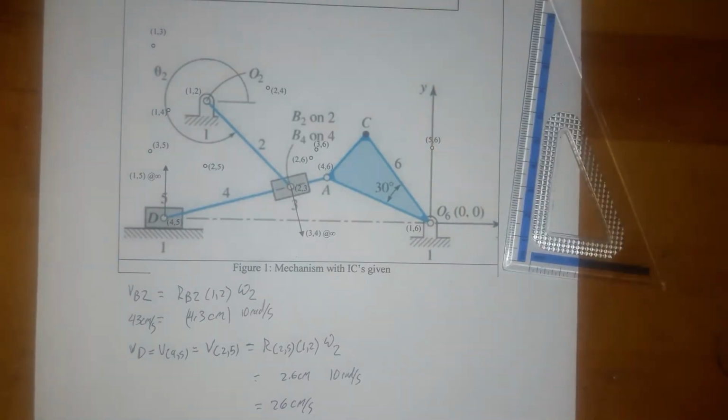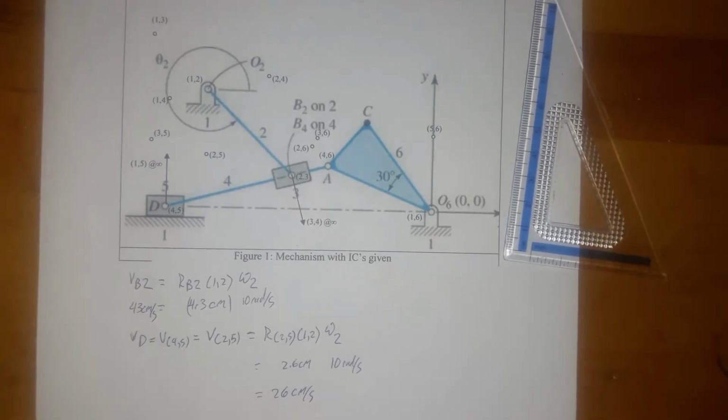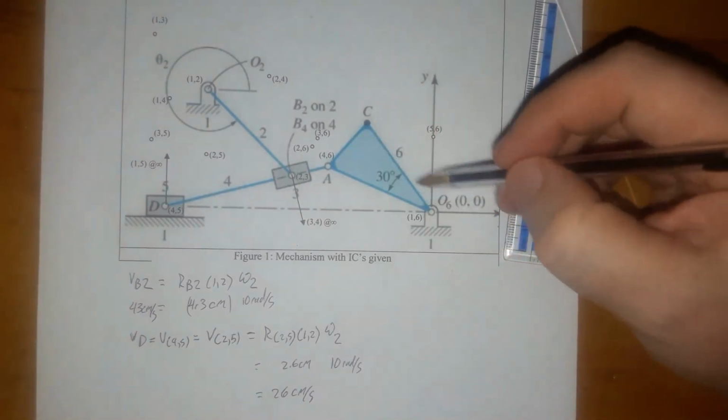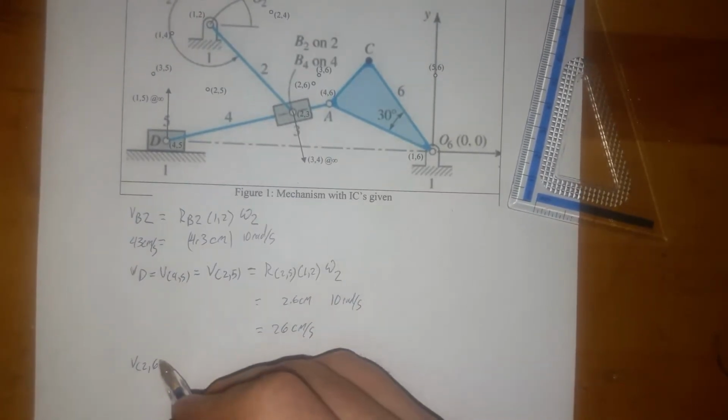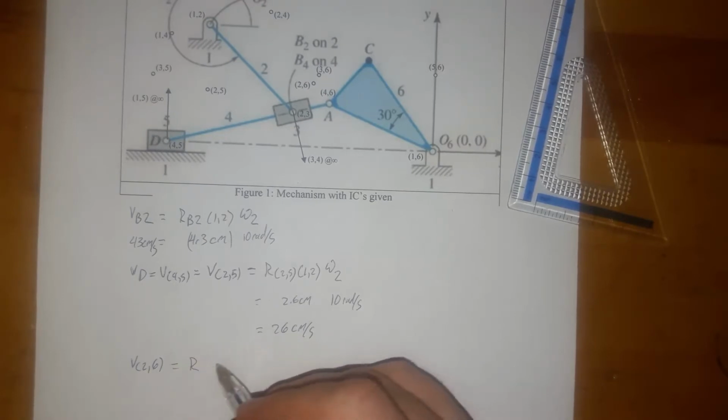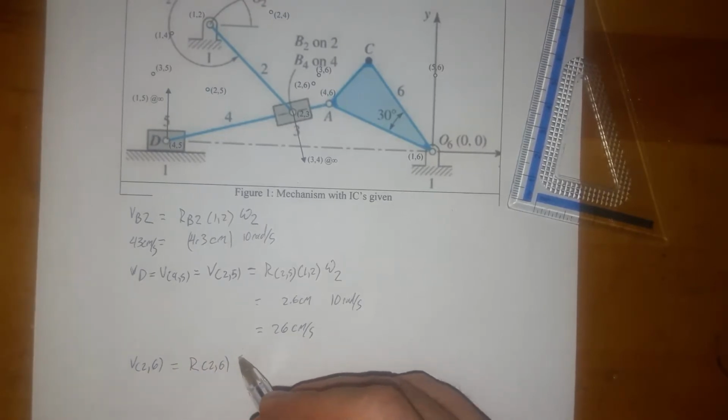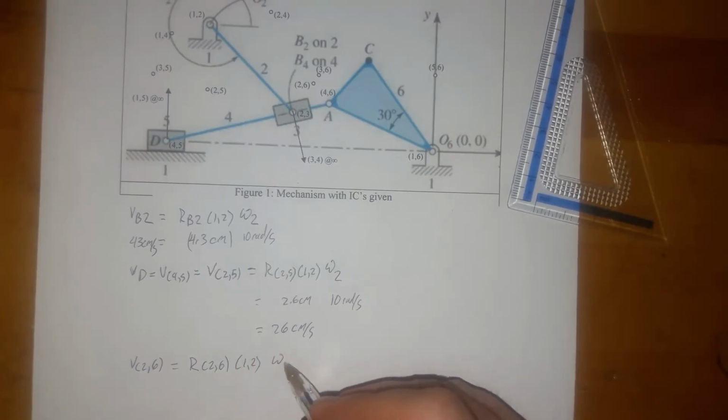might be when we find, say, omega 6, okay? And so if I want to find omega 6 to find how this thing's rotating, I could do the velocity. If I'm trying to find an omega and I know an omega, then I want to use the common instant centers. So I'm going to use V26 is equal to R26 with respect to 1,2 times omega 2.